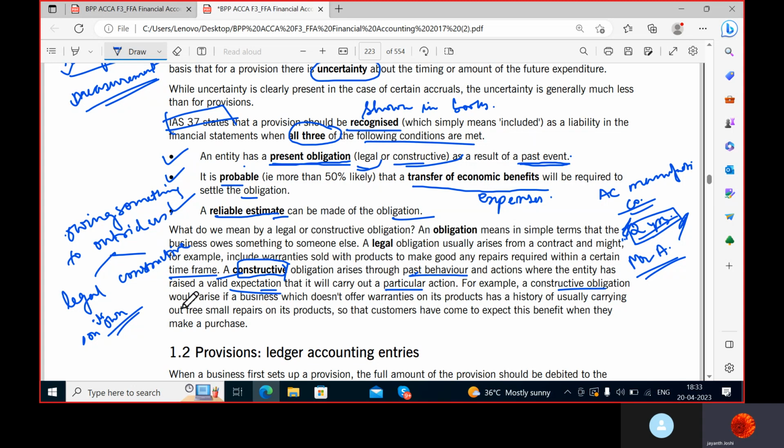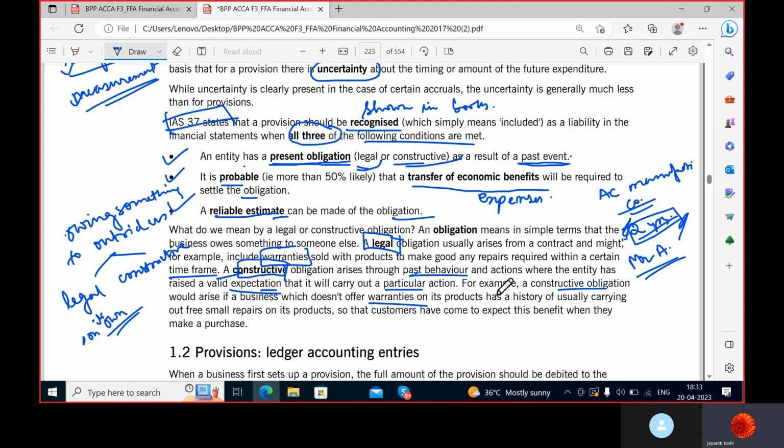Like a constructive obligation would arise if a business doesn't offer warranties. Here we talked about legal obligation, where they are giving a warranty period of 2 years, and in that period, if something happens to the sold product, they will definitely repair it. But what about constructive obligation?